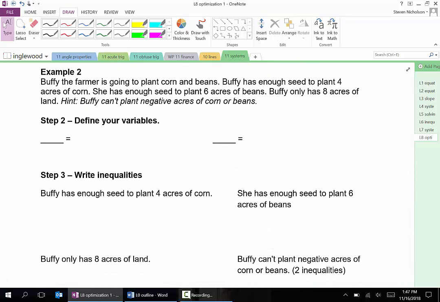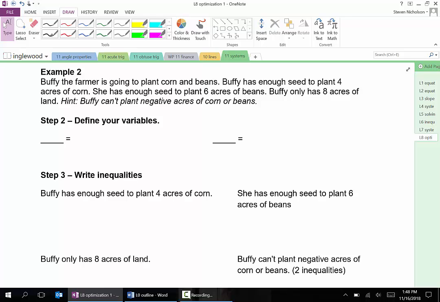A farmer is going to plant corn and beans, and she has enough seed to plant 4 acres of corn. She has enough seed to plant 6 acres of beans, but Buffy only has 8 acres of land. So in this story right here, she has enough seed for 10 acres, but again, she only has 8.